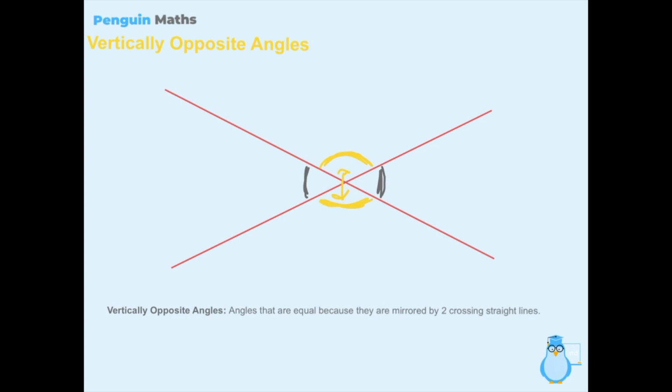The reason that they're equal is, if you think about it, when you have two crossing lines, imagine it's like a mirror. If we draw this line down and imagine that we have a mirror in here, we can see that this side here is exactly the same as this side here, and if they're exactly the same, then the angles are going to be the same.